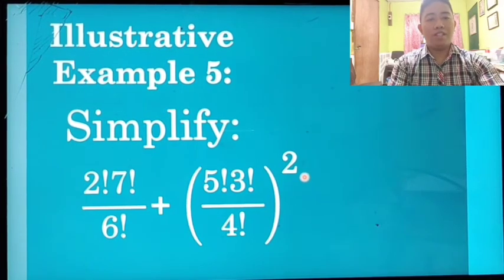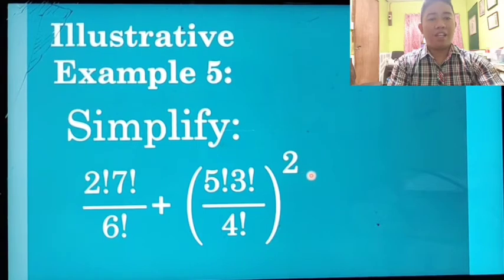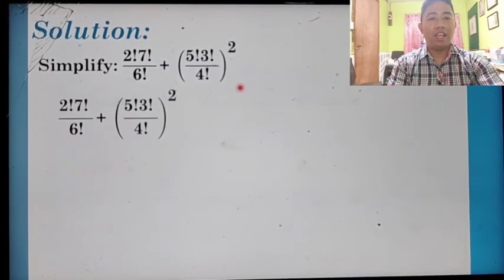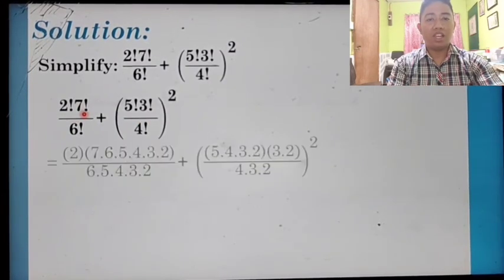So to simplify this kind of mathematical expression containing factorials, here is the solution. Let us begin first to simplify each of these factorial values simultaneously.